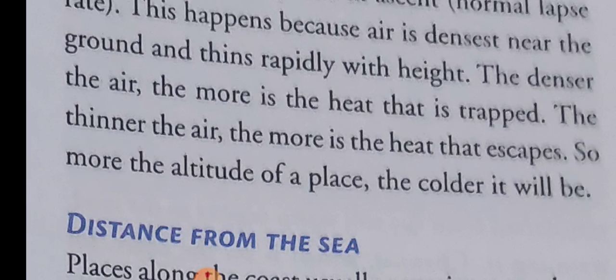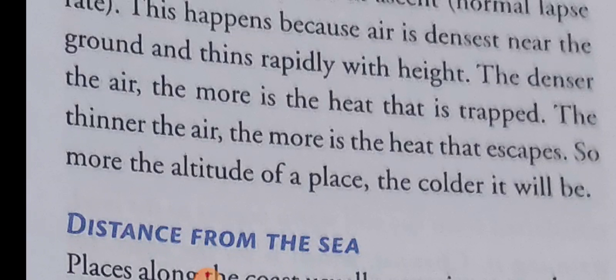So the more the altitude of a place, the colder it will be. The places which are located or situated at a great height from the sea level have a cold weather. Why is there a cold weather?